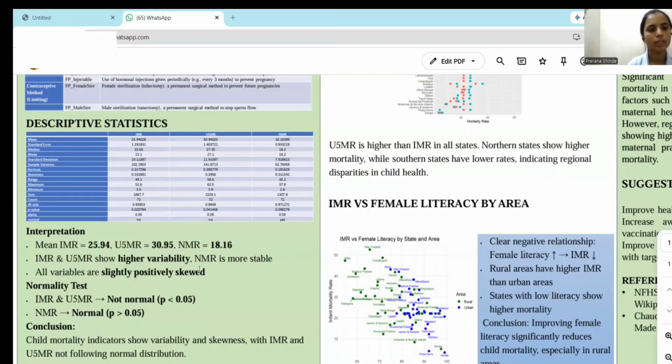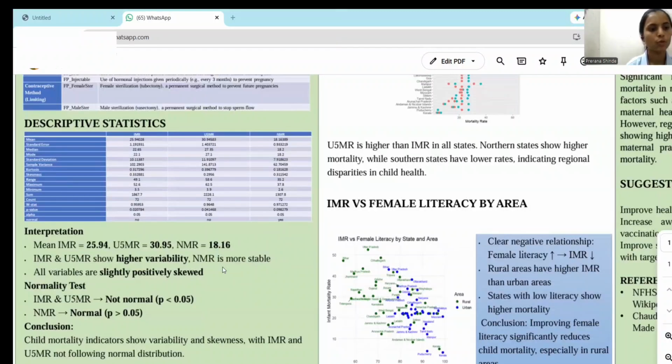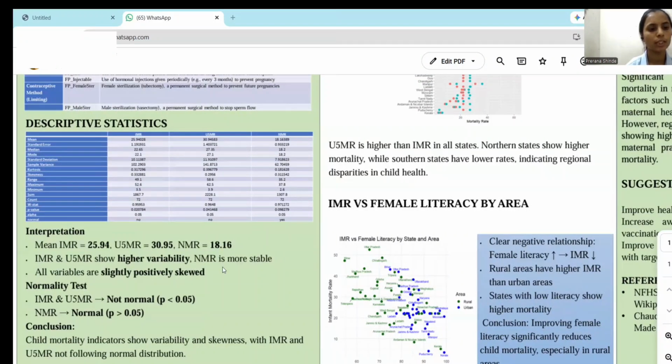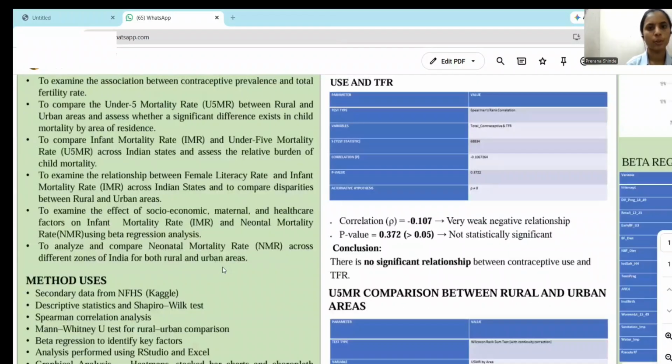For NMR, it is normally distributed because the p value is greater than 0.05, so the null hypothesis is not rejected. So we conclude that the child mortality indicators show variability and skewness, with IMR and under 5 mortality not following normal distribution.